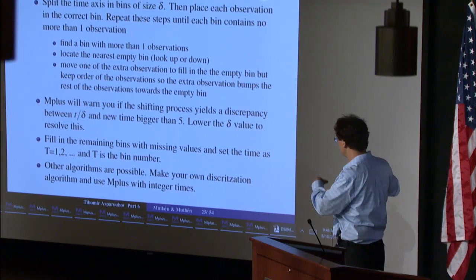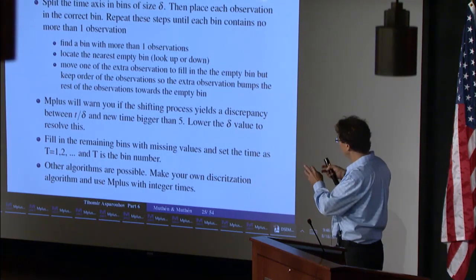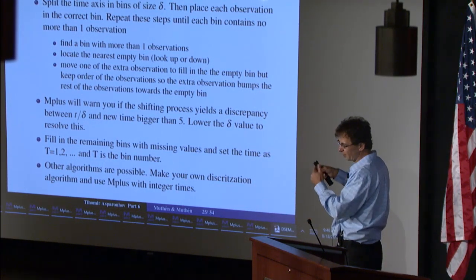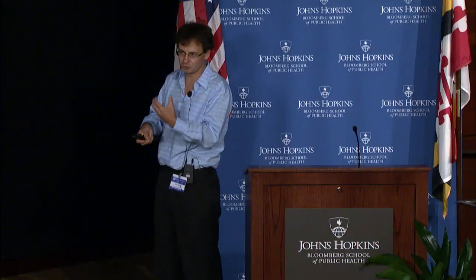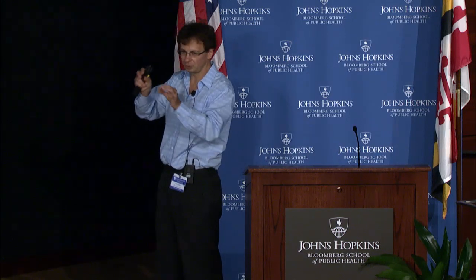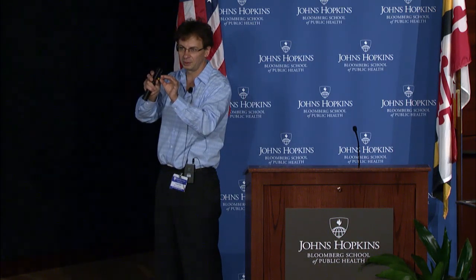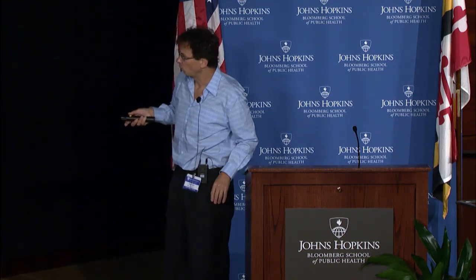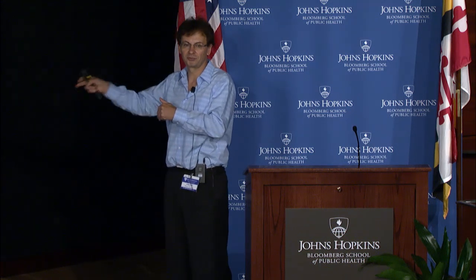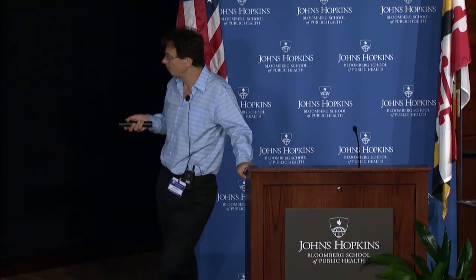We place the observations in bins of size delta, and if you have more than one observation in a bin, which would be a contradictory situation, then we look at the nearest bin that's empty. We look up or down, and we preserve the order of the observations, but we essentially scoot them over. Mplus will actually warn you if an observation is moved more than 5 bins away.